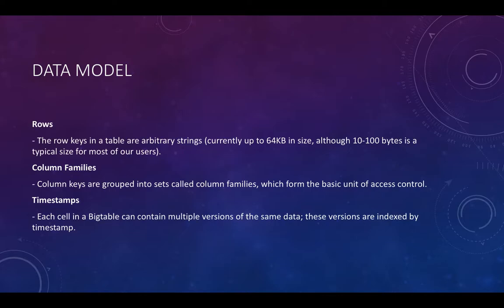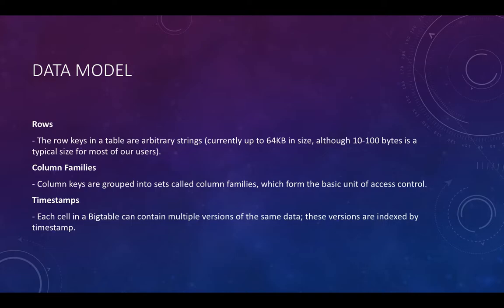Each cell in a Bigtable can contain multiple versions of the same data. These versions are indexed by timestamp. Bigtable timestamps are 64-bit integers. They can be assigned by Bigtable, in which case they represent real time in microseconds, or be explicitly assigned by client applications.